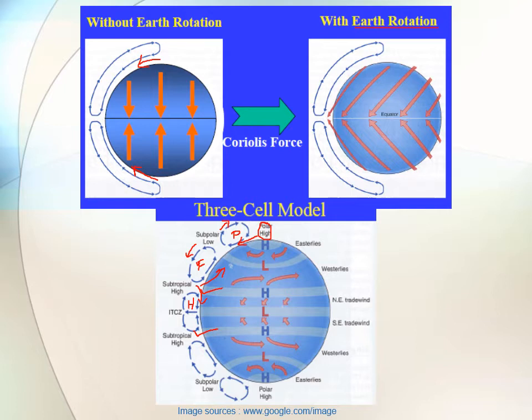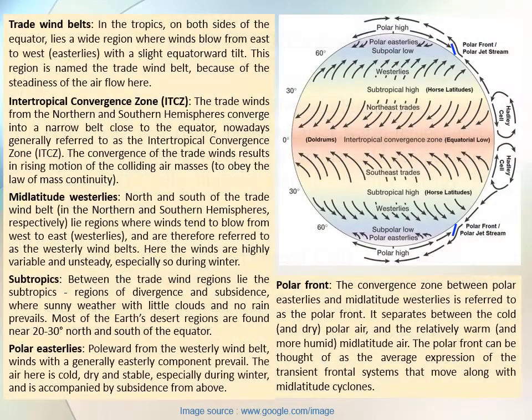The trade wind is generally found equatorward, and the flow in the upper part of the troposphere is towards poleward. So it's a convection cell, the Hadley cell. The surface wind is towards equatorward, and the upper wind is towards poleward.